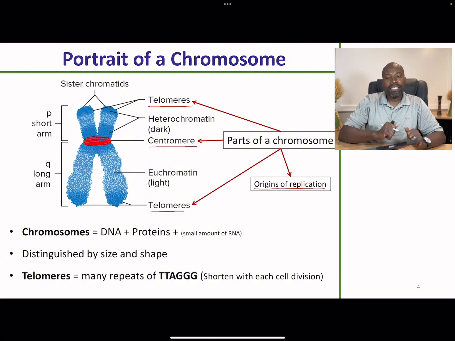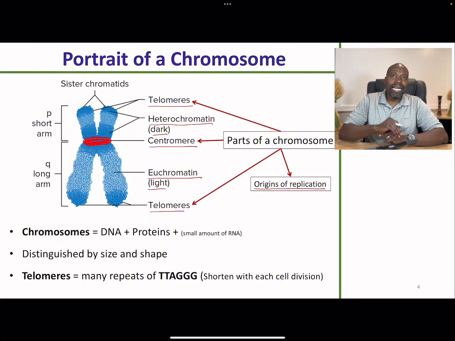Now, chromatin occurs in two kinds. We have heterochromatin, which looks dark under a microscope, and euchromatin, which looks light.